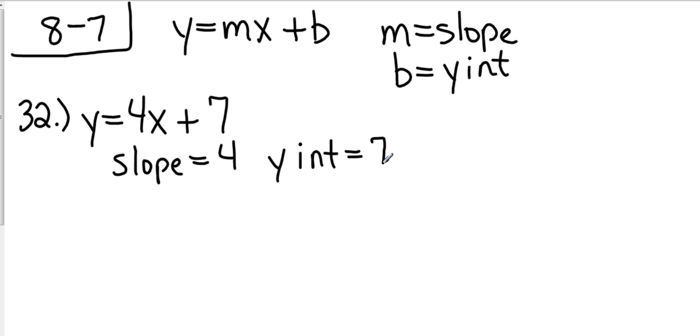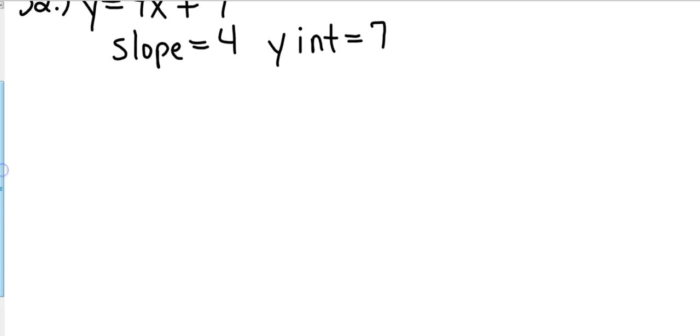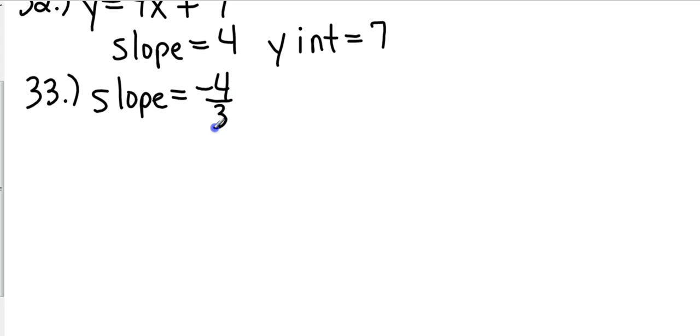Okay, sorry, I didn't use the same method as I did on the first section. I need to go back to just putting the answer and see if you got it correct. All right, so let's do that on number 33. Number 33, okay, I'm going to go ahead and give you the answer. The slope is negative 4/3. And the y-intercept is 0.